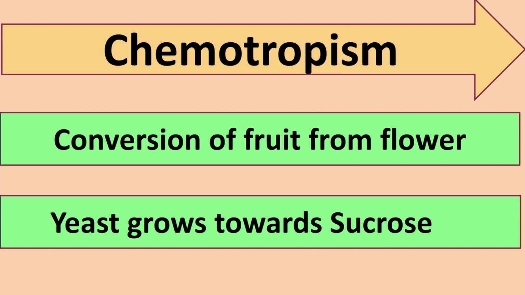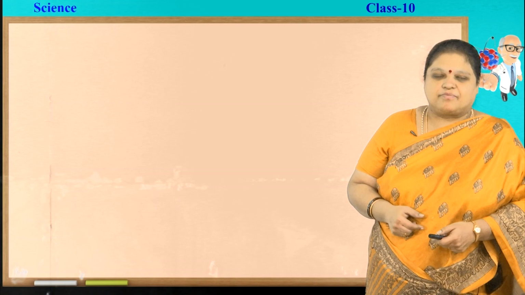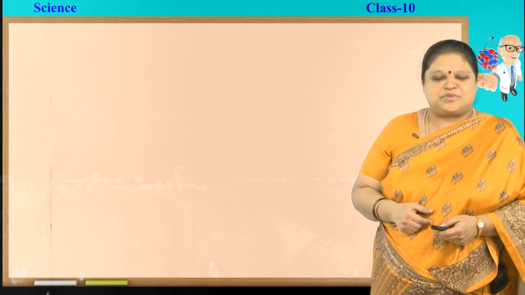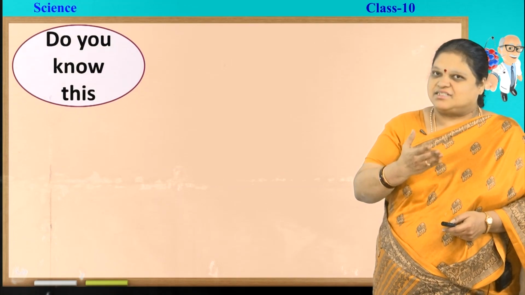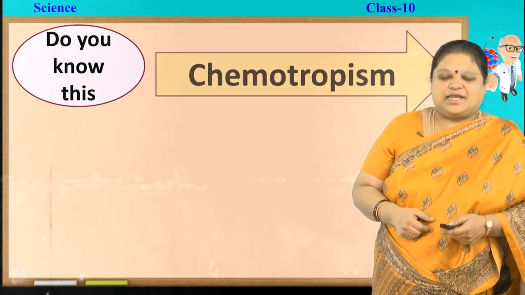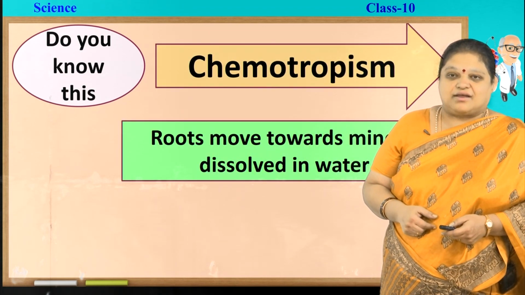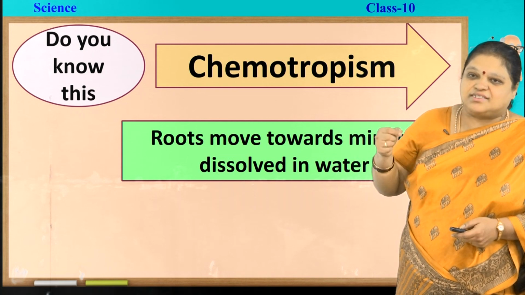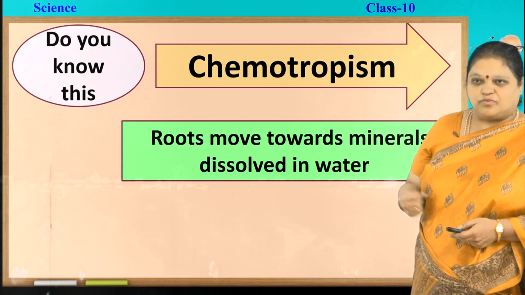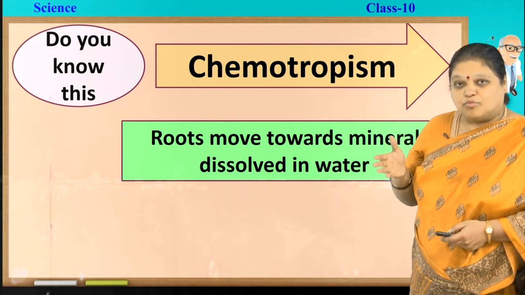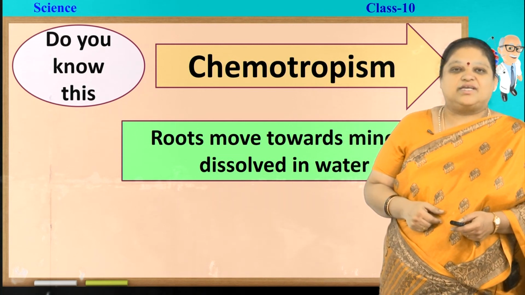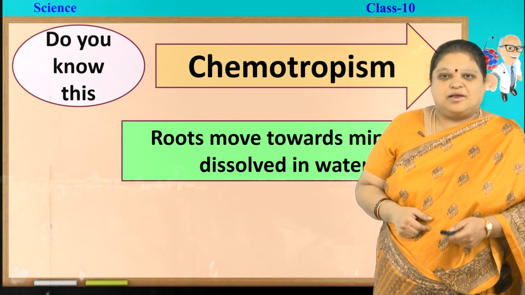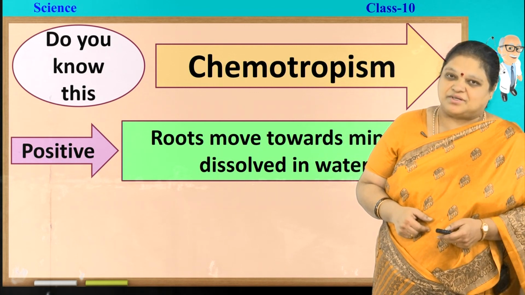Even that is a type of chemotropism. I would like to give you some more information about chemotropism, which is very important for you in life. If the roots move towards minerals dissolved in water, you call it positive chemotropism.